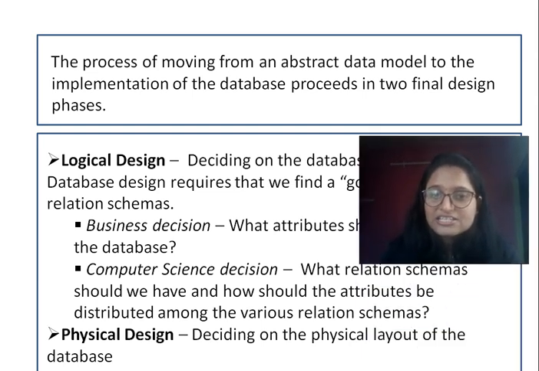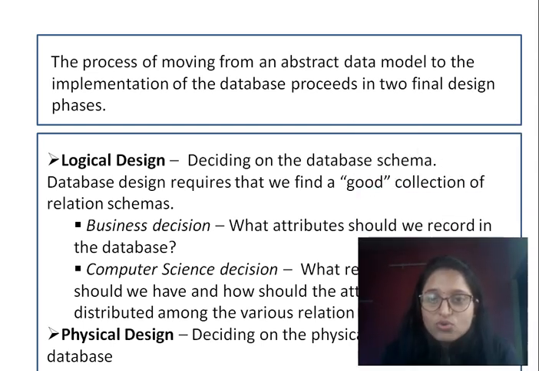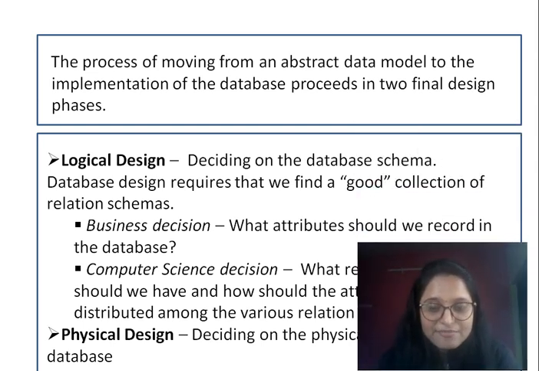Next is a decision, a computer science decision: what relation schemas should we have, and how should attributes be distributed among the various relation schemas? Okay, after all this we have found the layout for your database so far.